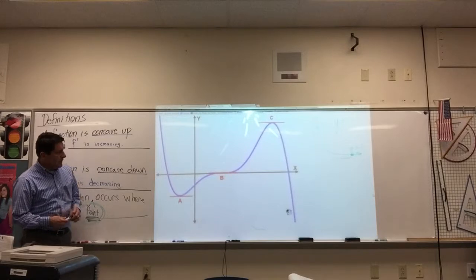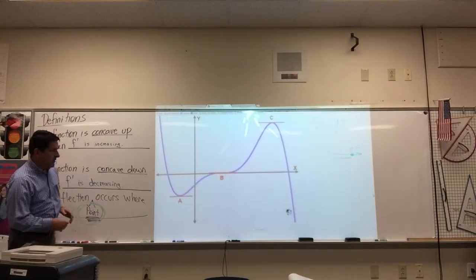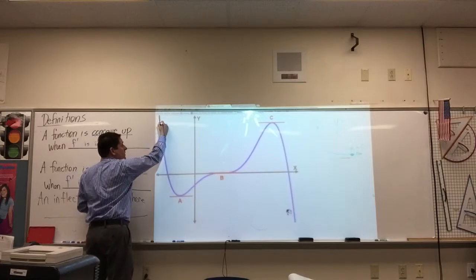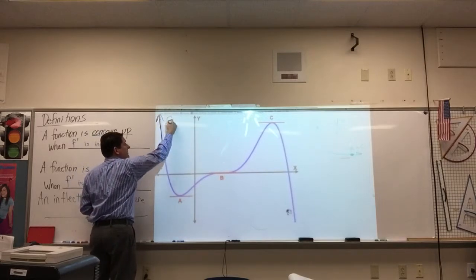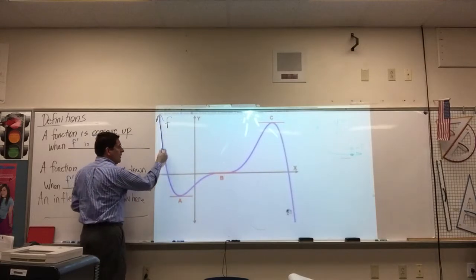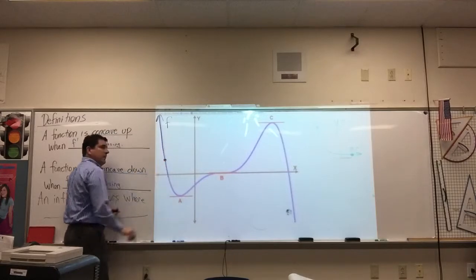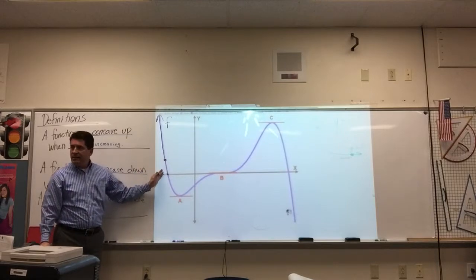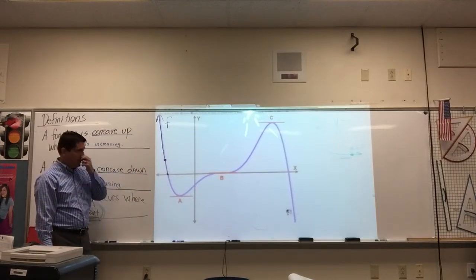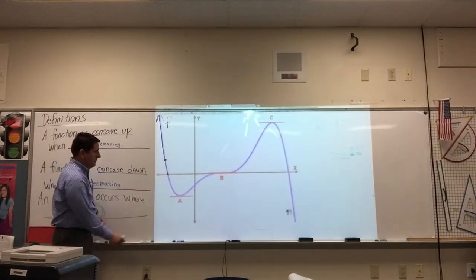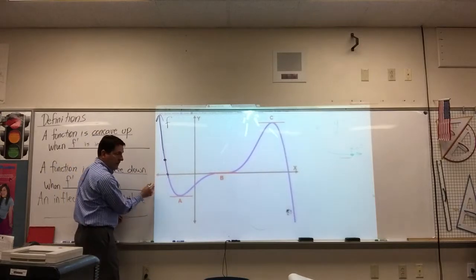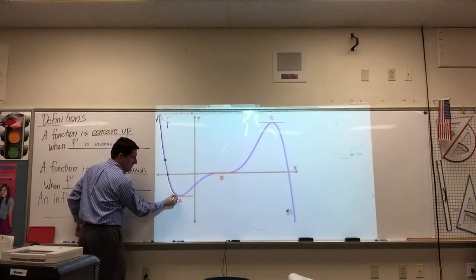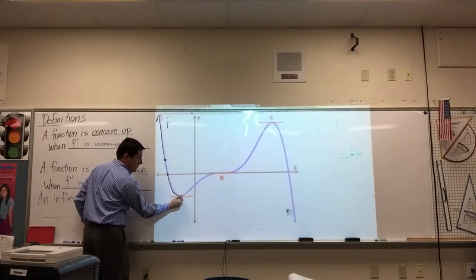Well, let's just see if you learned anything today. The function right here, let's pretend this is f. At any given point right here, on any given interval, is this concave up or concave down? Up. That's correct. You tell me when it changes to concave down. Down there.